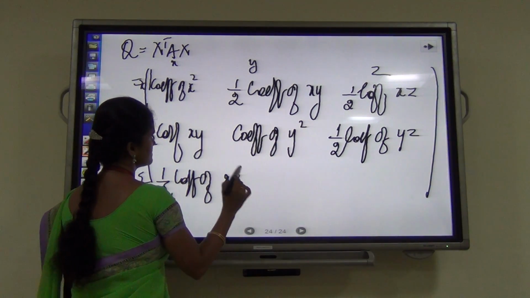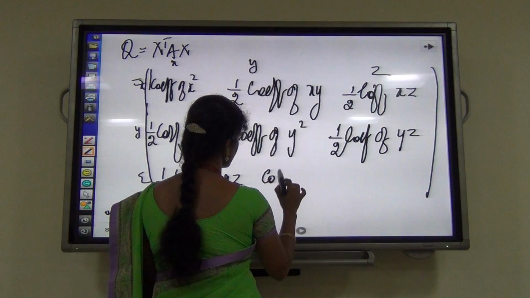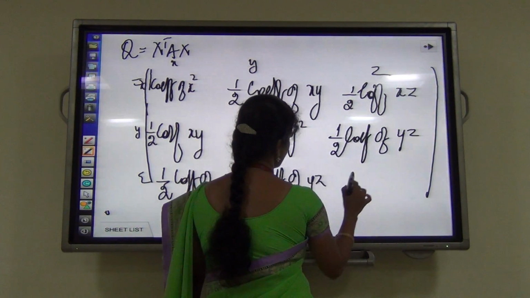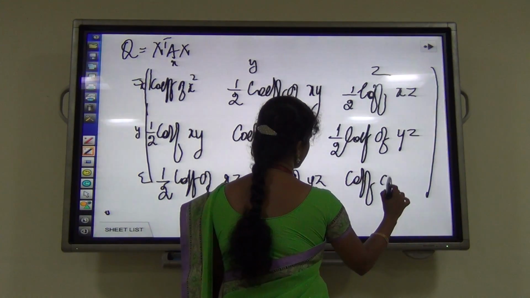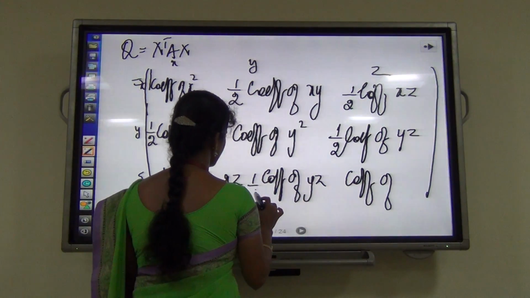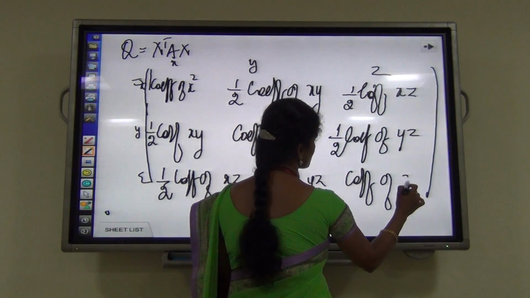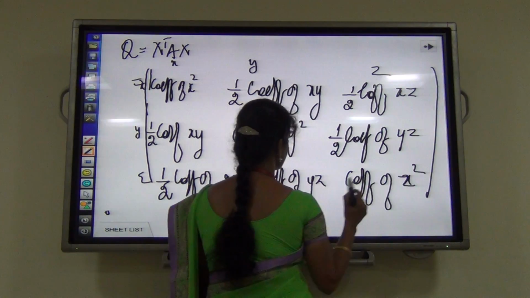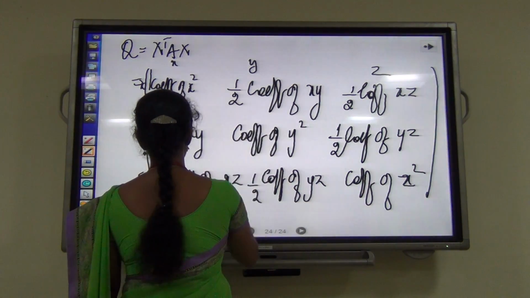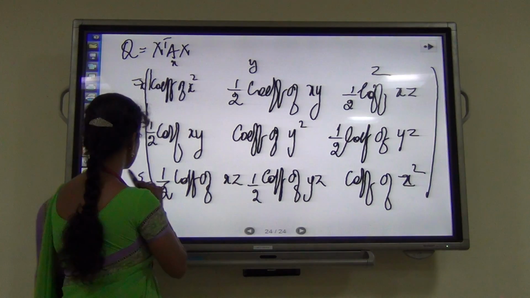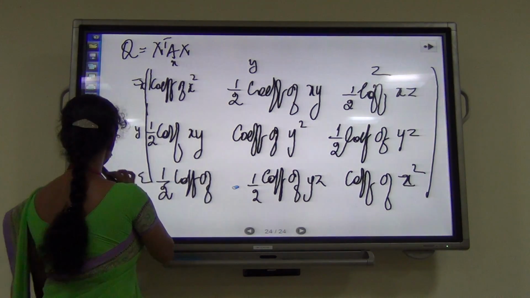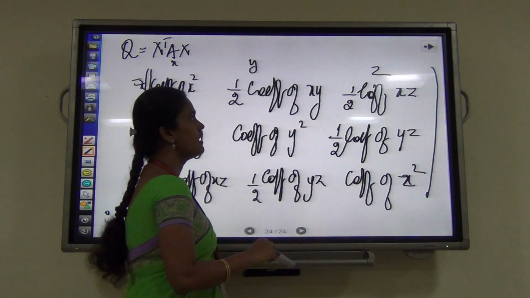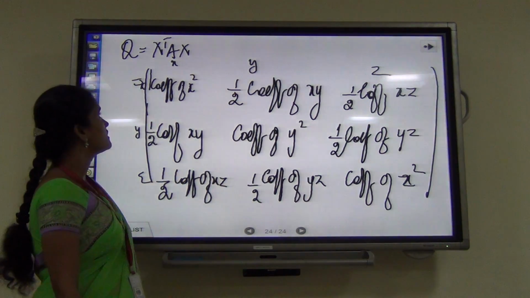Here it is the coefficient of y, and here the coefficient of x, z square. It is y and z here, and x, z here. So this has to go with xz. This is how we are going to get the matrix form from the quadratic form.